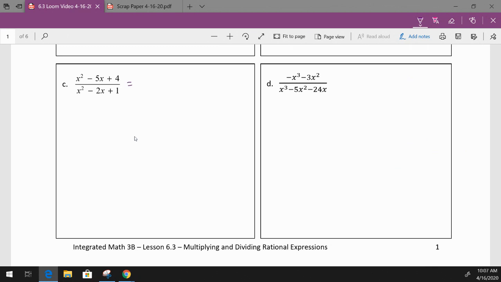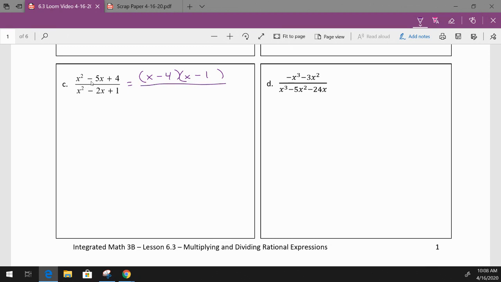So looking at just the numerator, that trinomial can be factored into x and x, two numbers that multiply together equal 4, that add up to 5, actually -5. So -4 and -1 would multiply together to equal a +4, but they also add up to a -5.